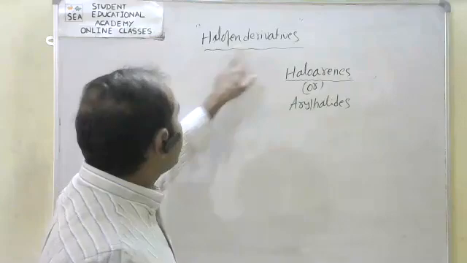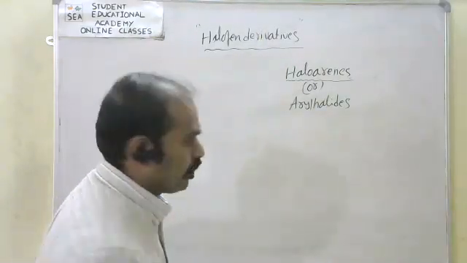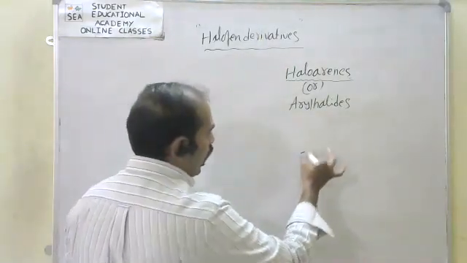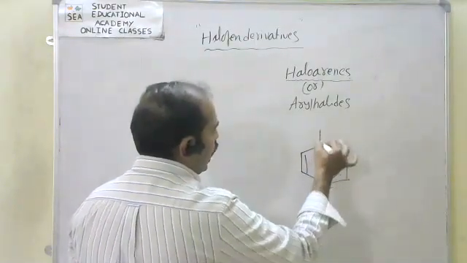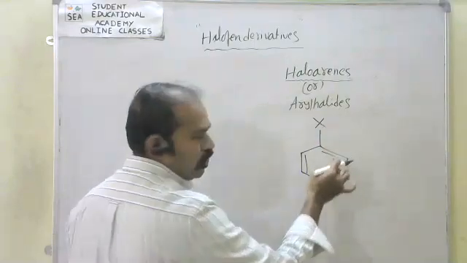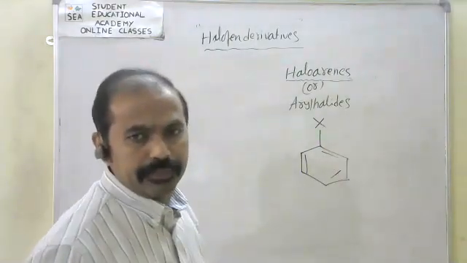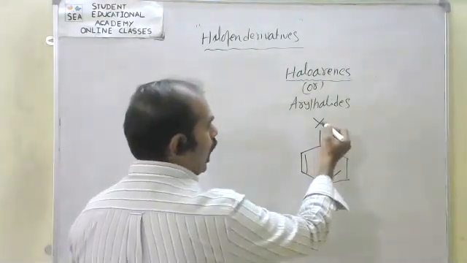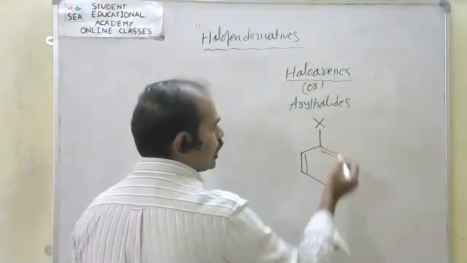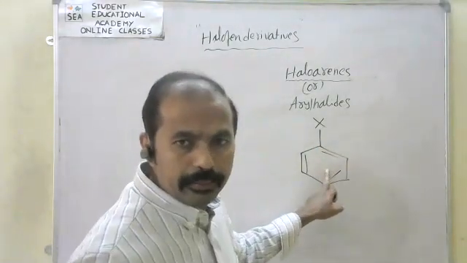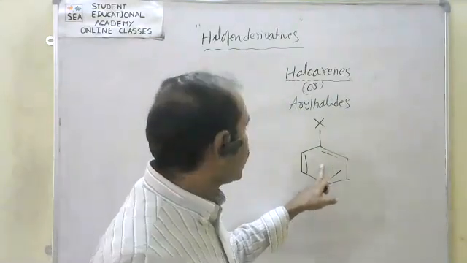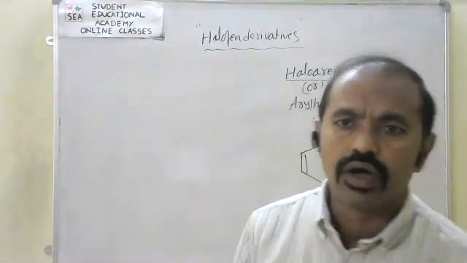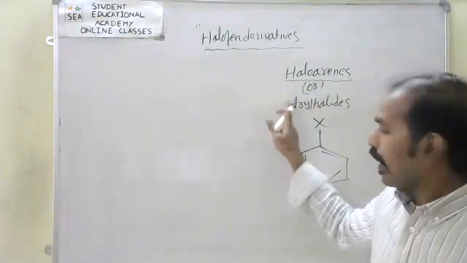If in any halogen derivative the halogen atom is directly bonded to the benzene ring, that type of compounds are called haloarenes or aryl halides.